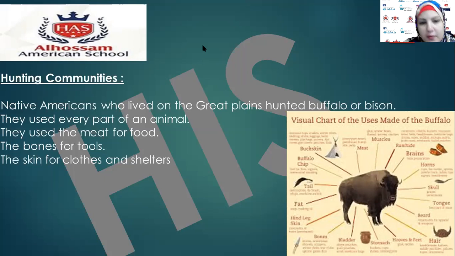They use the meat to eat, bones for tools, the skin for clothes and shelters. Who can tell me, what do they use the meat for?